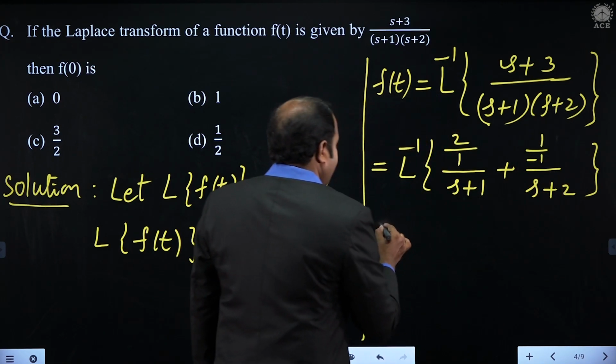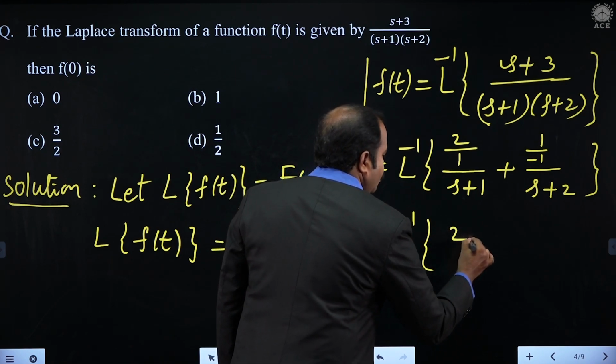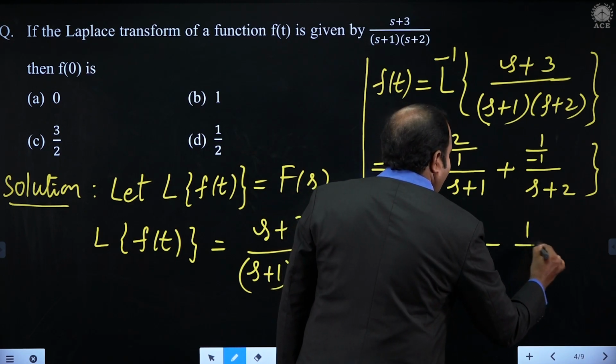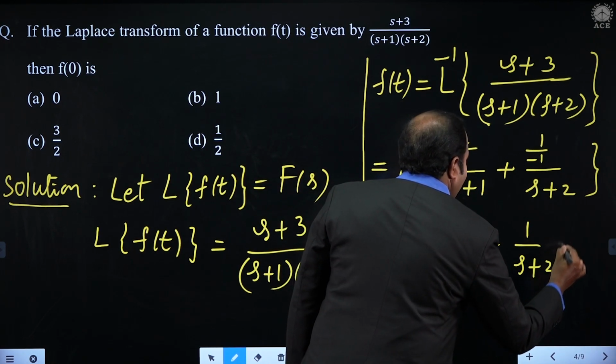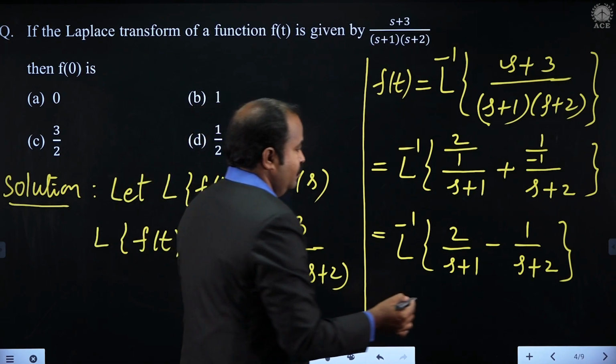So this is equivalent to L inverse of 2 by s plus 1 minus 1 by s plus 2 only. Am I clear? Right.